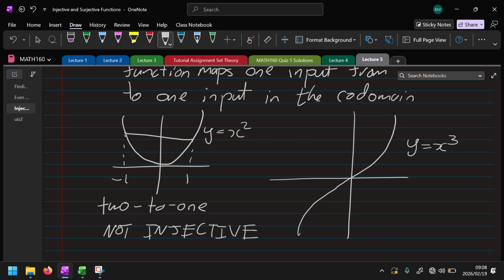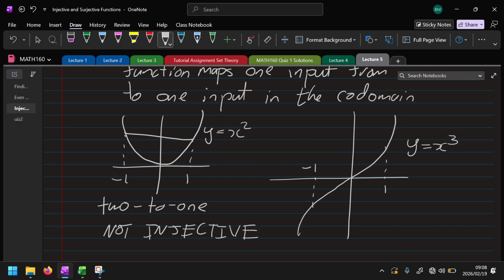We'll look at a similar example for x cubed, and we'll do -1 and 1. Where does -1 go to? -1 goes to -1, and 1 goes to 1. Those are different. One element here goes to one element here, in contrast to this one, where two elements go to the same element.